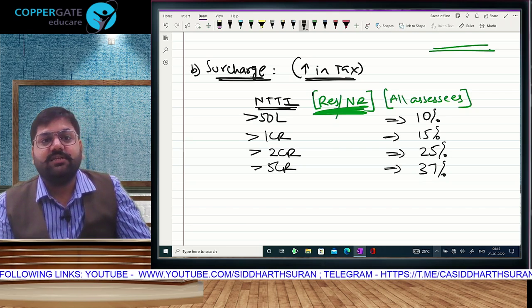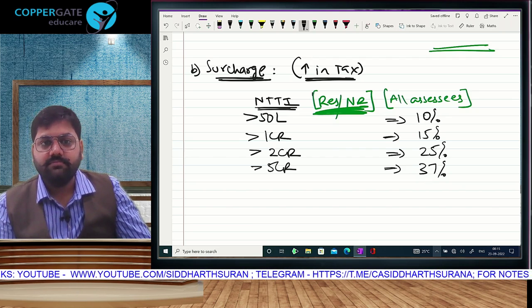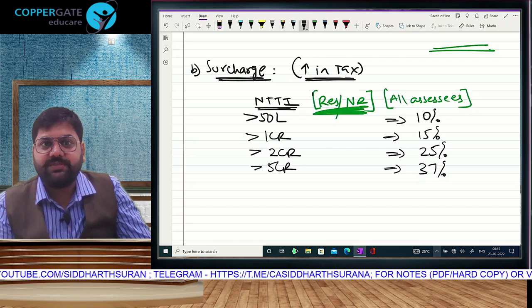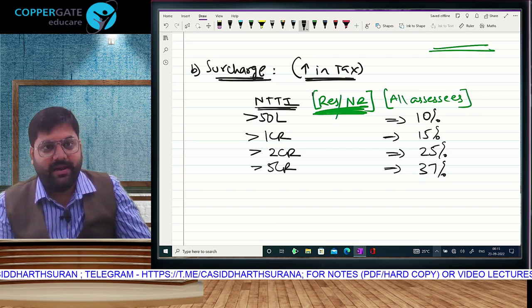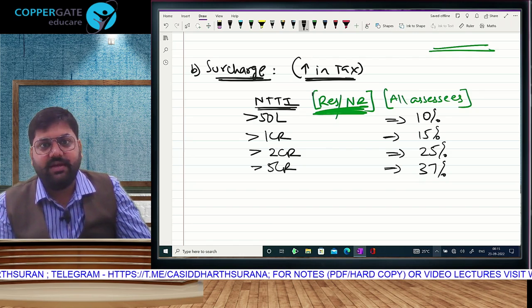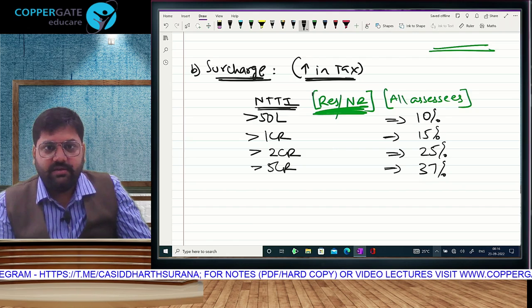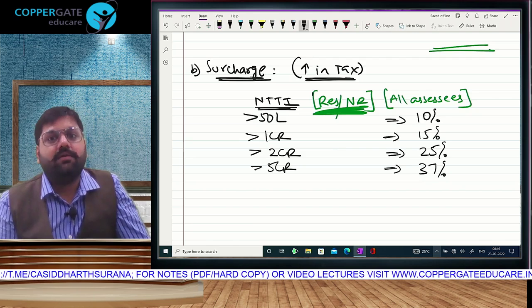Next discussion. Please pay attention and understand if you can. Rebate is given to any assessee who is poor, that is income up to rupees 5 lakhs. Surcharge is applied to any assessee whose income is after 50 lakhs. So do you understand? For one assessee, either it can be rebate or it can be surcharge.